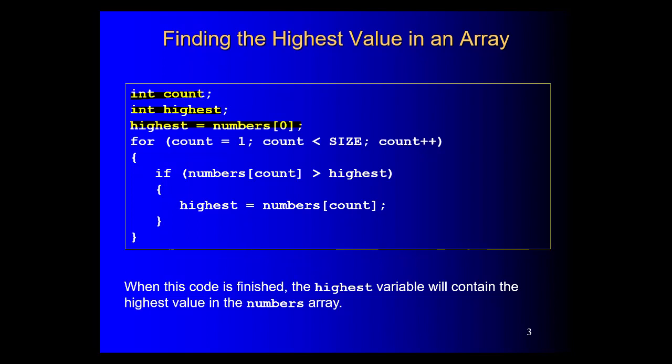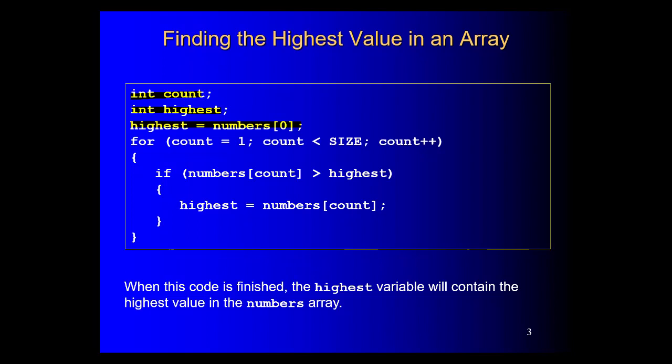So we're assuming that the first element is the highest element, in other words, the element that has the largest value in it. What we're going to do is iterate through the rest of the array, and we use here a 1 as the starting point for our for loop because we've already indexed into our array with a 0. So we've accessed the 0th element. We're going to start with the first element, number sub count, which will be number sub 1, using this loop.